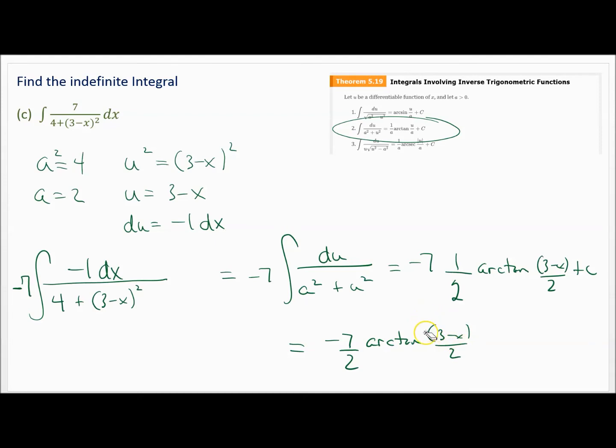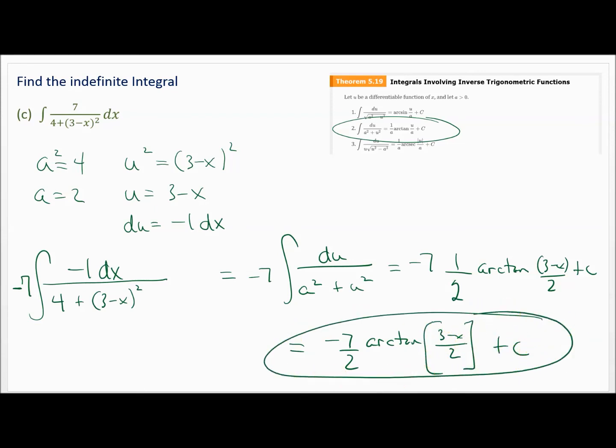Or the parentheses might look better around the whole thing rather than just the numerator. So maybe this, 3 minus x over 2 plus c. And that is the correct answer. Now, you could also write negative 7 halves inverse tangent, the tan with a little negative 1, of 3 minus x over 2 plus c.